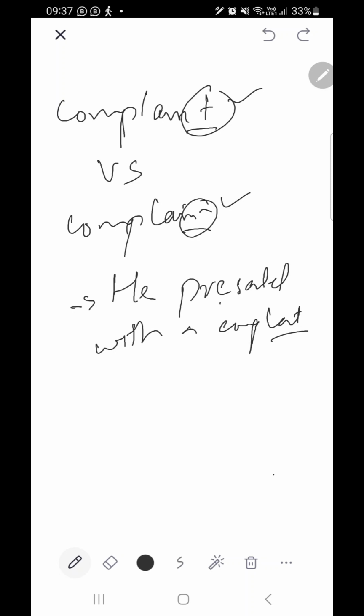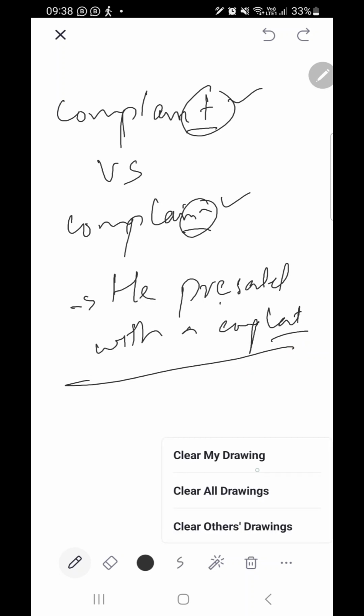So according to the importance of the sentence, we can say either he presented with a complaint or he complained of pain. Okay, so complain with N is a verb and complaint with T is a noun. So you have to be careful in your usage of complaint, right?